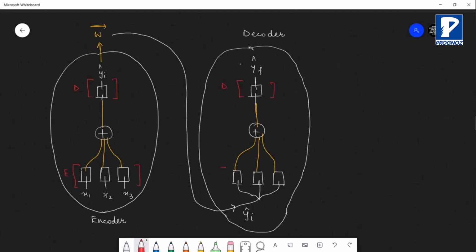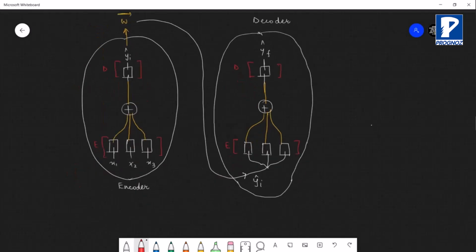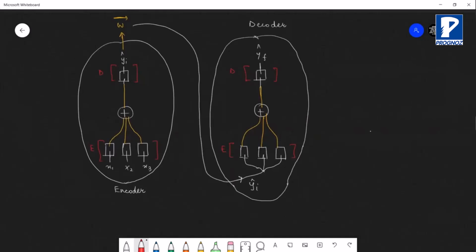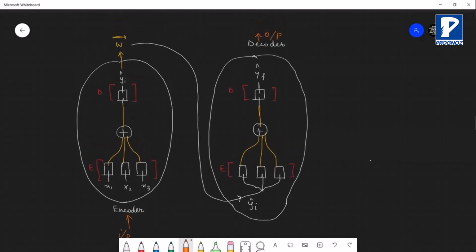And again, if you look closely, this is decoder in itself, and this is encoder in itself. Okay. So essentially, if I give you one more point here, we are providing input here and we are getting the final output from here. Okay, this is how things are going to work.